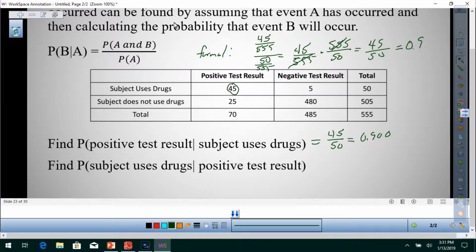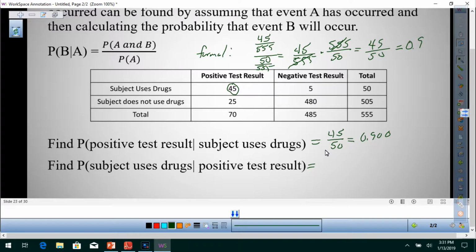Now, what about finding the probability the subject uses drugs given they've had a positive test result? Now, that looks a lot like this first one, but it is slightly different.